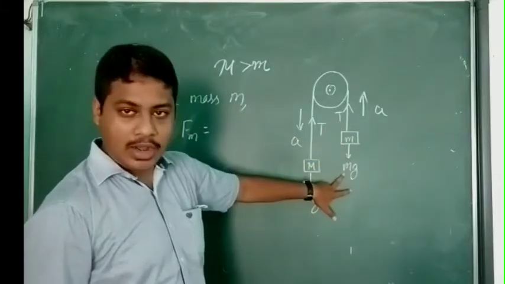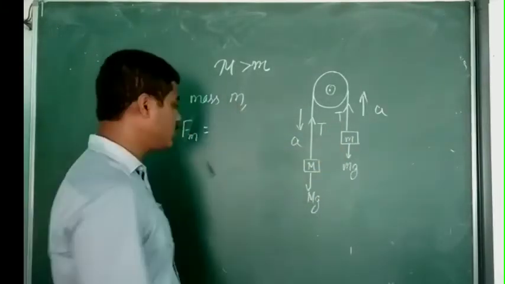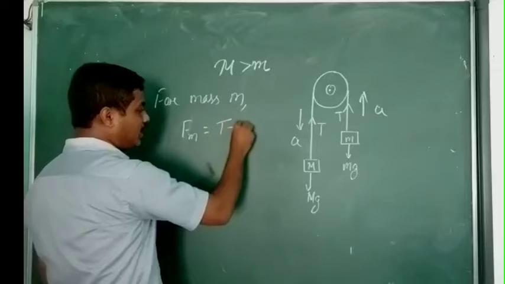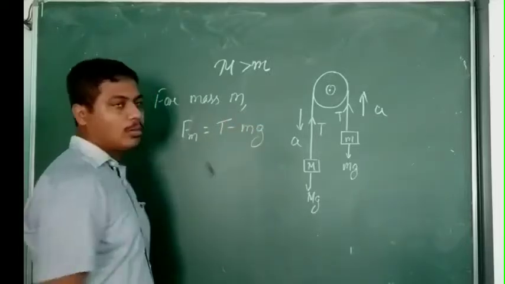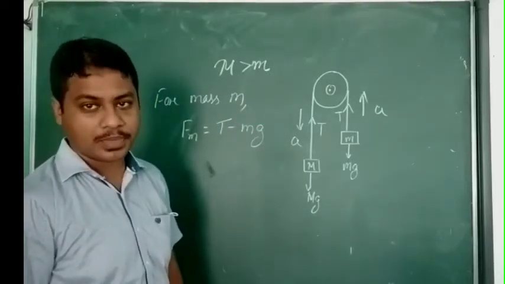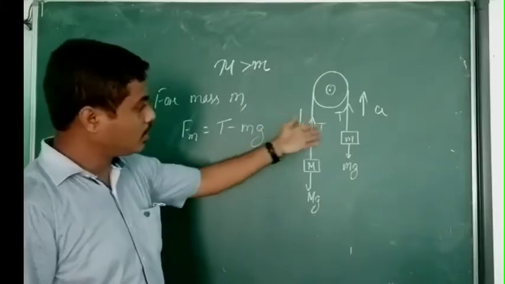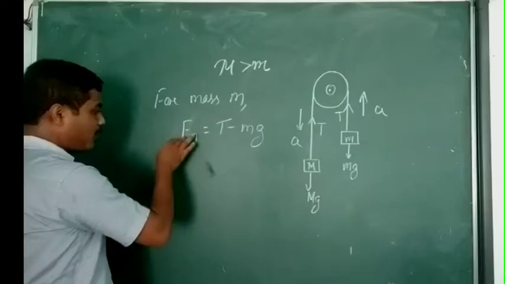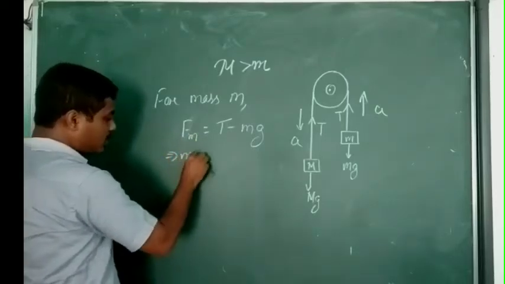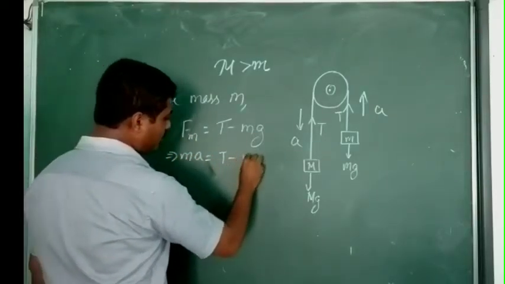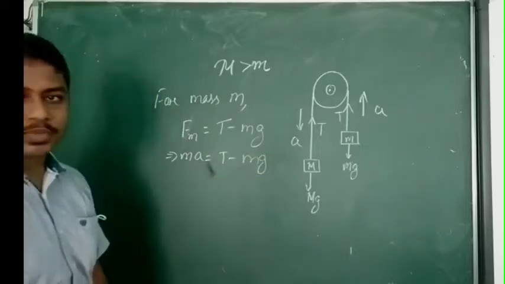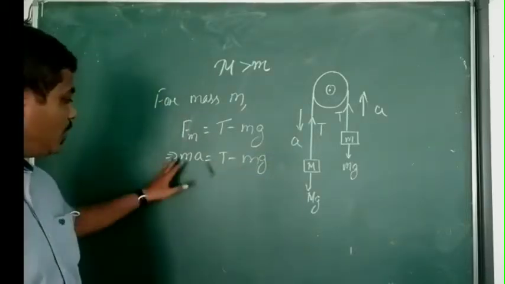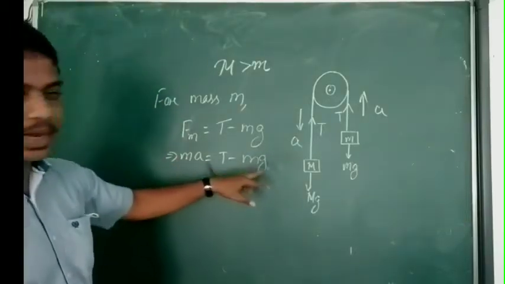Gravity is acting downwards, so we have to write T minus mg because both are acting in opposite directions. I have taken T first because the object is moving in that direction. So mass into acceleration, ma, is equal to T minus mg.